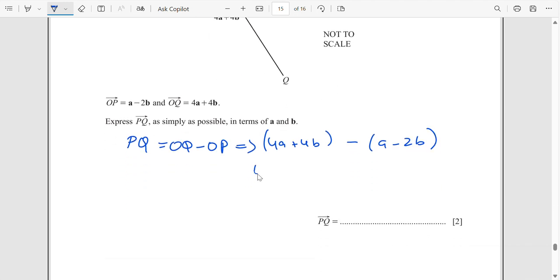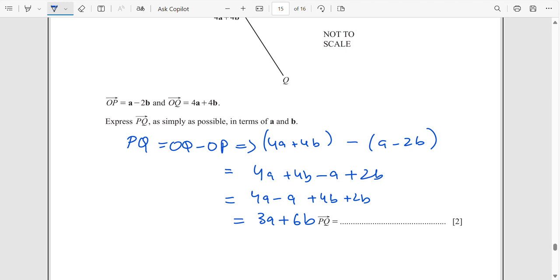So 4a plus 4b minus a, minus minus gives plus, 2b. So 4a minus a plus 4b plus 2b. So 4a minus a is 3a and 4b plus 2b is 6b. So this is our answer, 3a plus 6b.